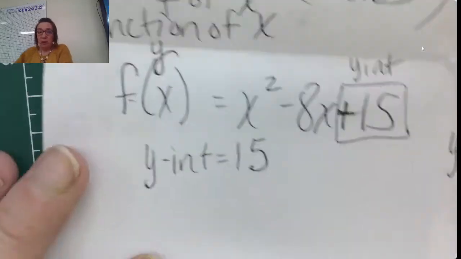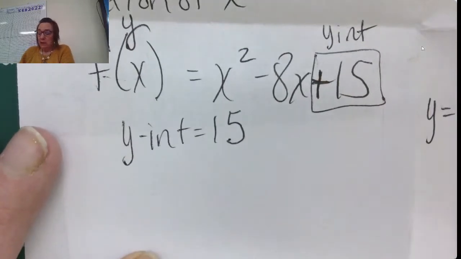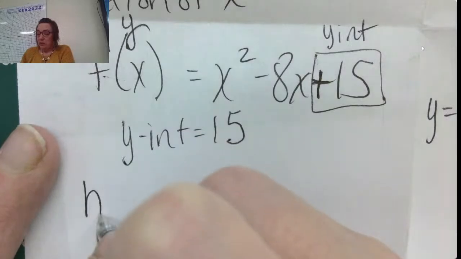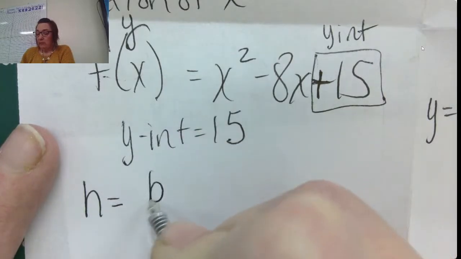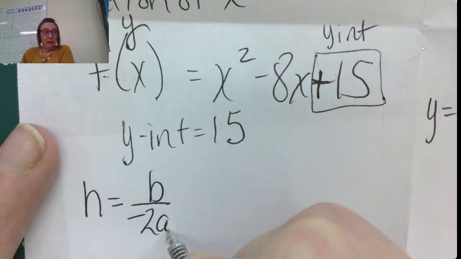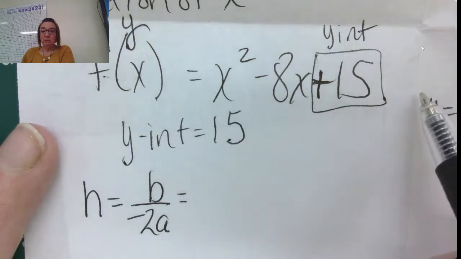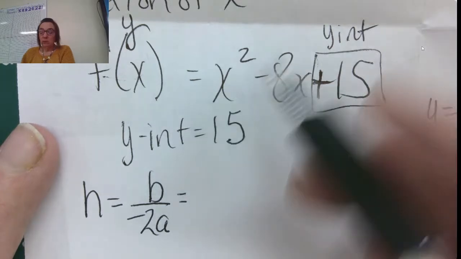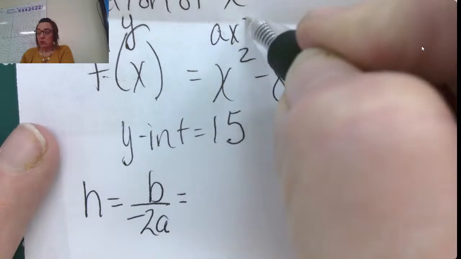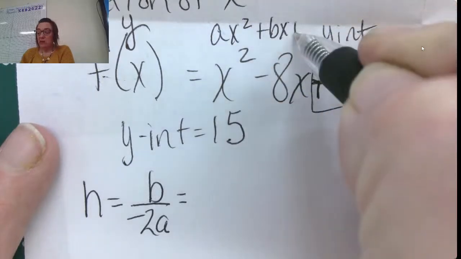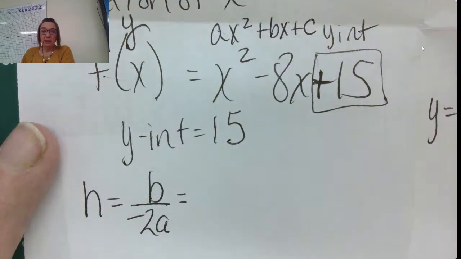Okay, so we go back to this problem right here. And we know that h is equal to b divided by negative 2 times a, right? And what is b in this problem? Remember, this is ax squared plus bx plus c. So what is b?